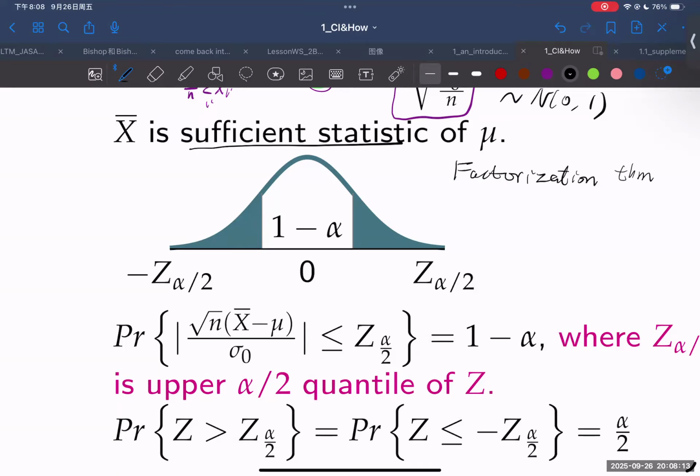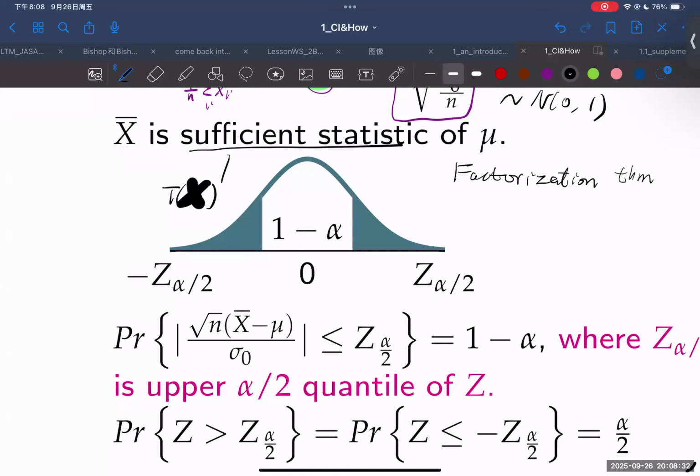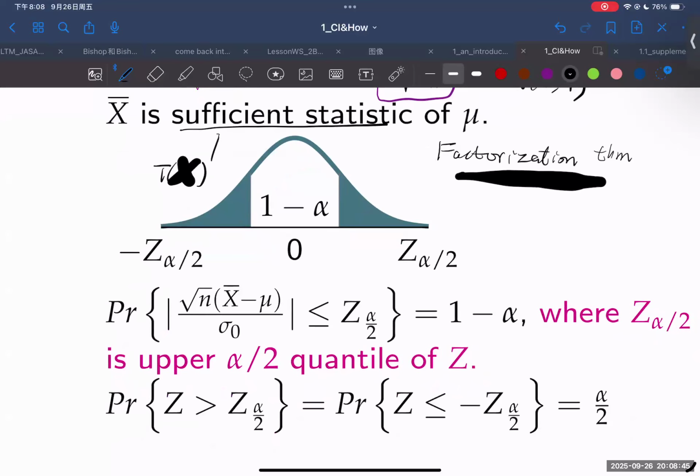That means you can partition the distribution into 2 parts, and one part is only related to your data, a function of your random sample. That part would be your sufficient statistic. If you are interested, you can Google the factorization theorem, but here I do not pay much attention to it.